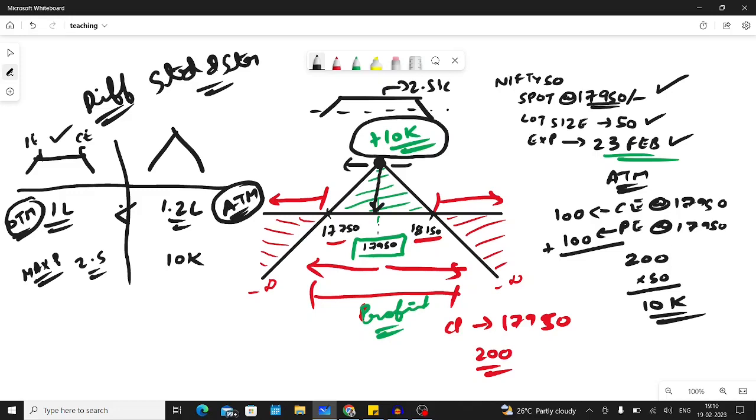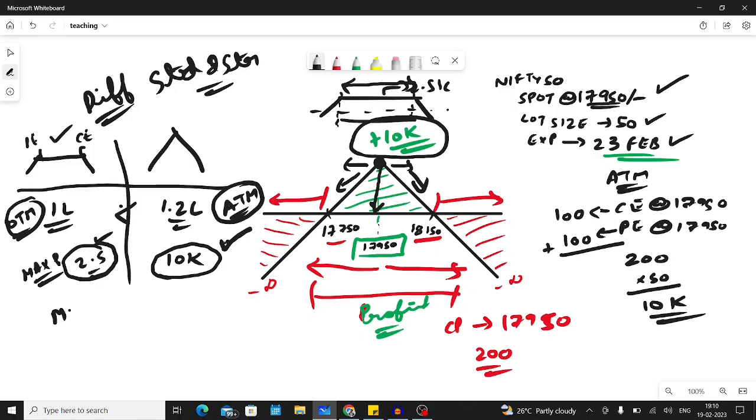Anything lower or higher, the profits will tend to diminish. But what happens in a strangle is it will give us a constant profit of 2.5 thousand throughout this area. So maximum profit is greater in a straddle, but it is very consistent in a strangle.